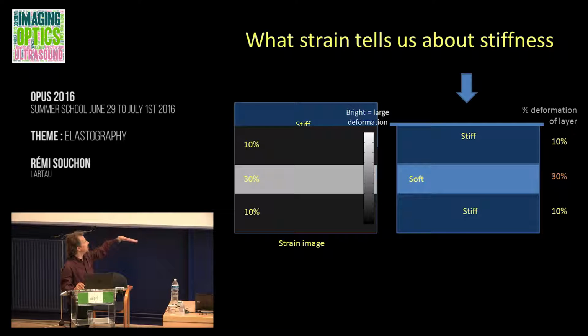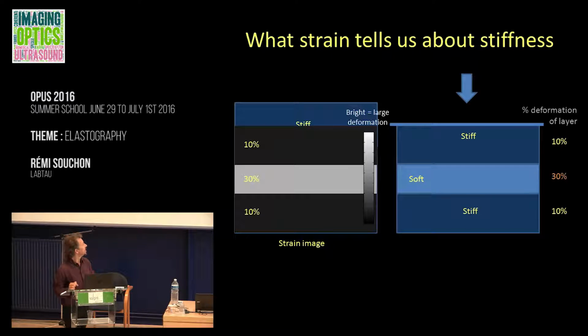The whole thing is going to squeeze, but we'll get different deformation in all the layers, obviously. You can guess intuitively that the stiff layers will undergo little deformation, so little strain, whereas the soft layer will undergo high deformation. And this is what you're seeing in this part of the image, with the stiff layers having roughly the same size.